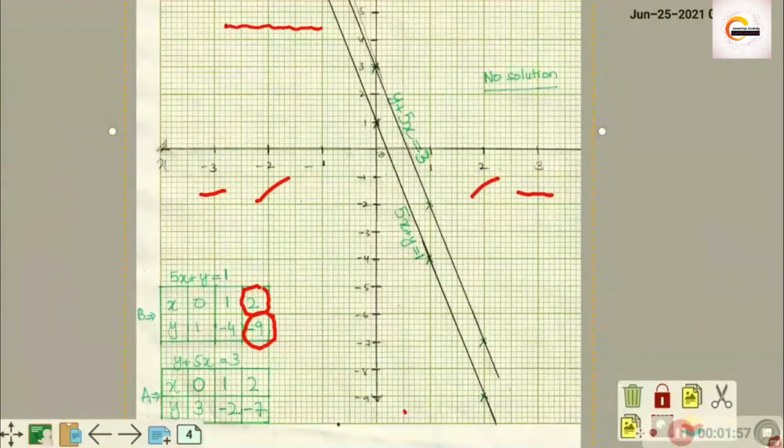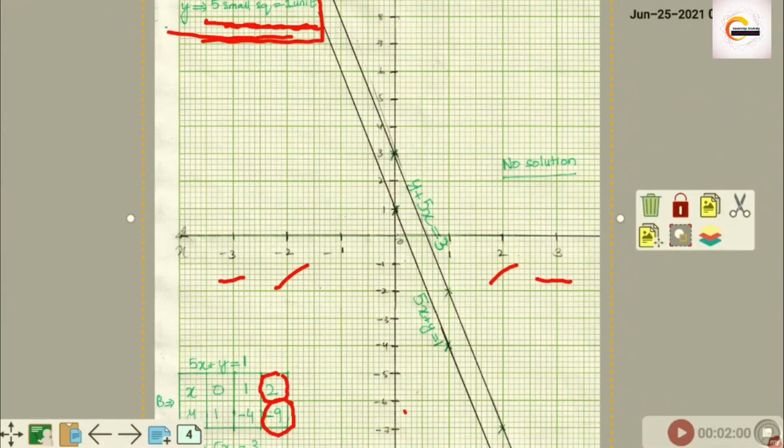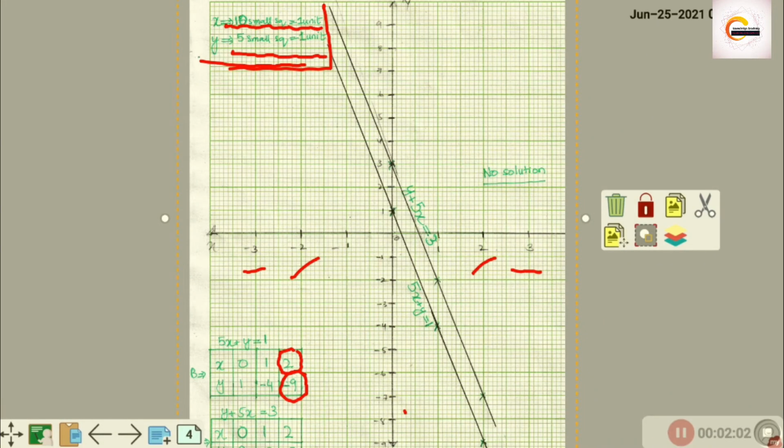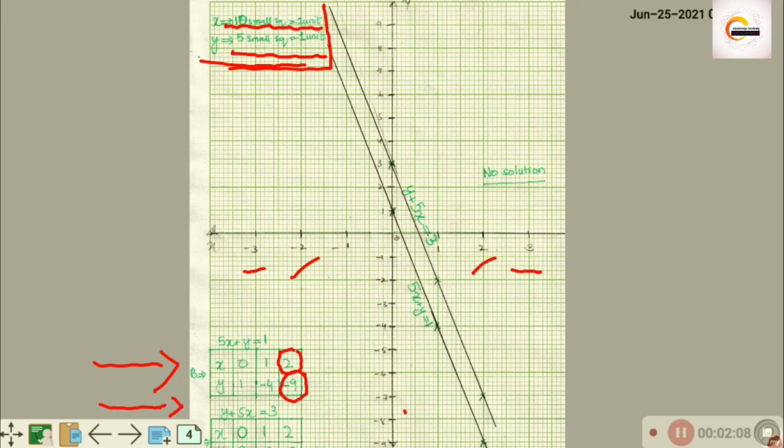Now you can clearly see when I plotted the 3 points that we calculated in the previous part of this question, the 3 points on equation A and for equation B. To get the point of intersection between the 2 lines, you can clearly see that they do not intersect at any point.